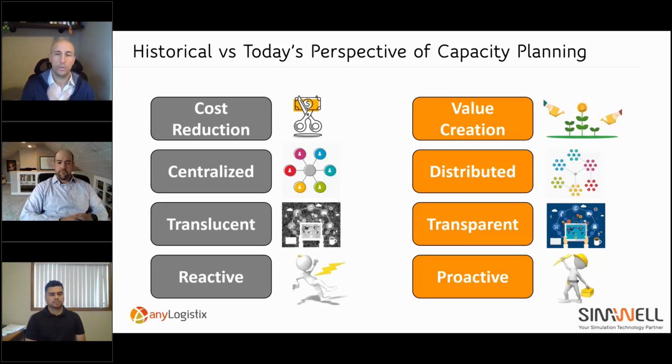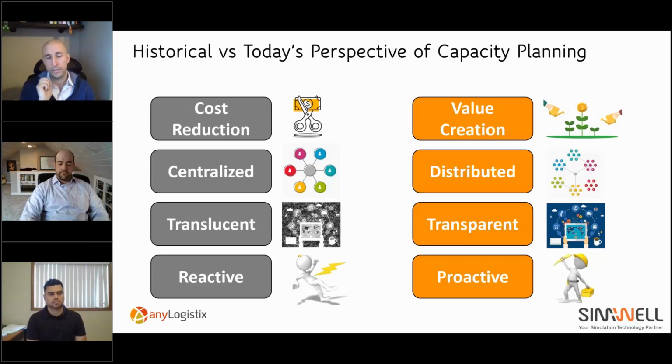So before, we had the typical supply chain management in which there's a lot of pressure for cost reduction, there's a lot of hierarchy, everyone is in the same building, there is a lack of clarity on how decisions are made, and there is a reactive approach.